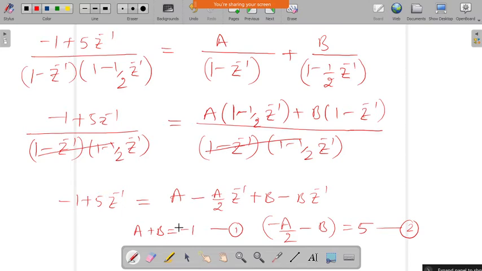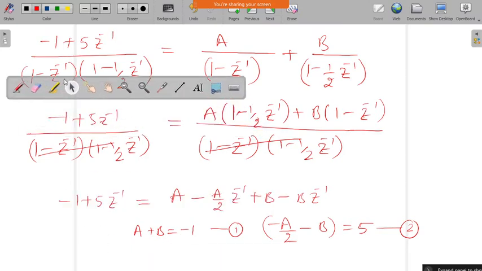Okay, solve these equations and get the A and B values. So I will take this equation here only, that is -A/2 - B equal to 5. Okay. So now if I add equation 1 and 2, the B will cancel each other, and we are going to get A - A/2 which is equal to -1 + 5, which will be equal to +4.